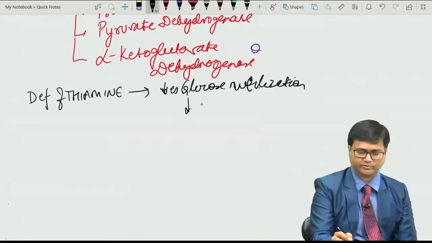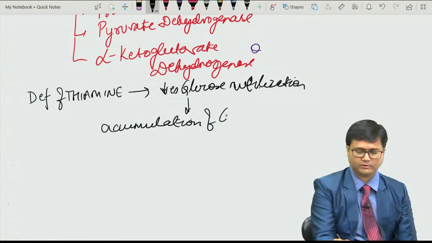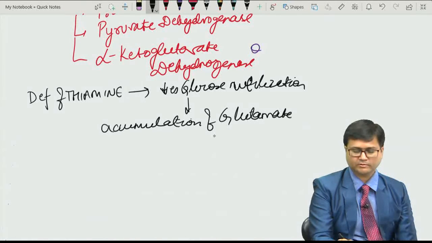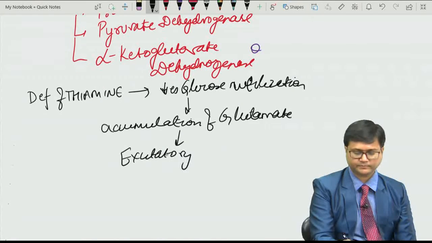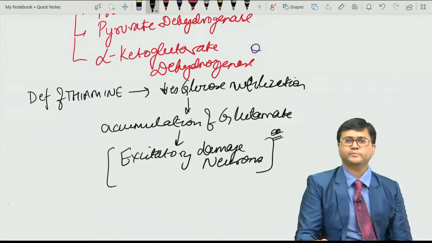Subsequently, there will be accumulation of glutamate, which will lead to excitatory damage to the neurons, subsequently leading to various symptoms.